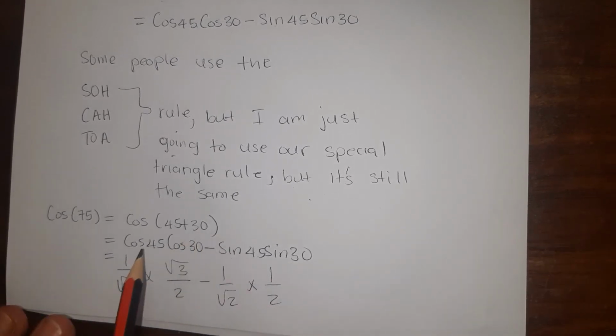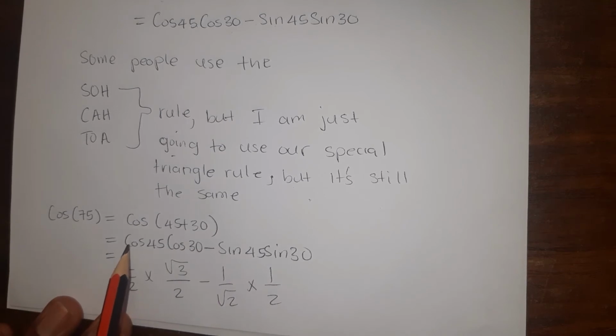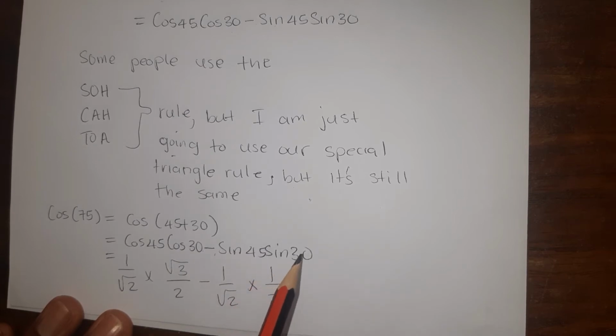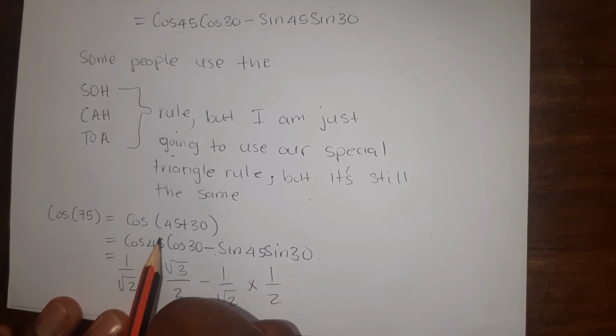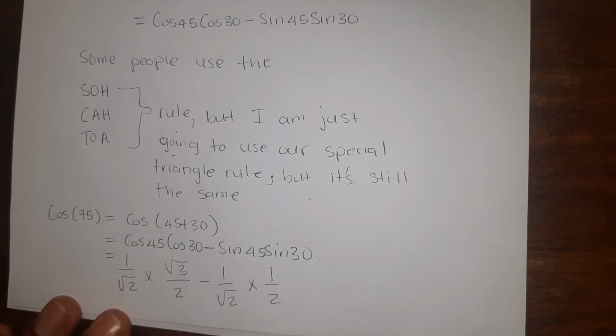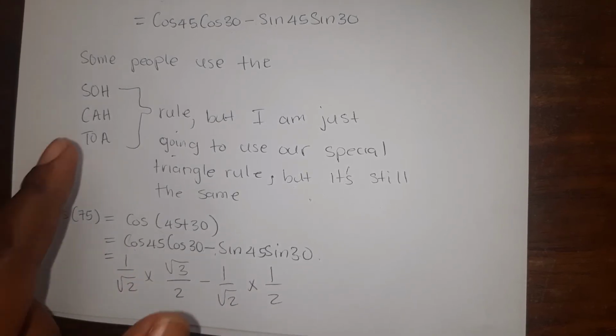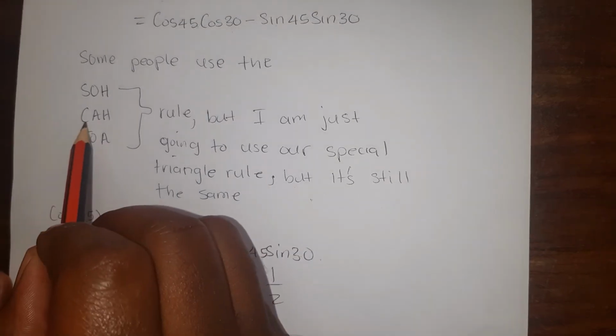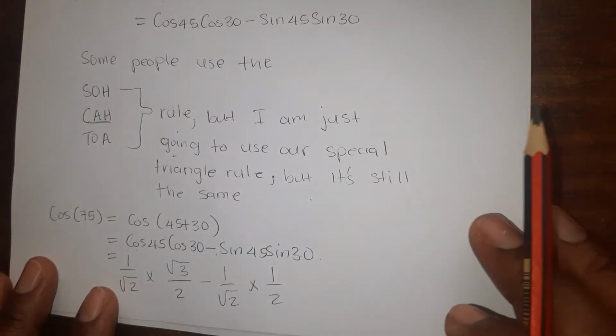So from our cos 45 cos 30 minus sine 45 sine 30, when we look at cos 45, remember guys, cos is adjacent over hypotenuse.